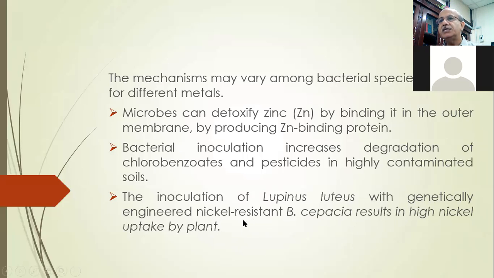When those bacteria are inoculated to the Lupinus, this Lupinus luteus can take up more nickel from the soil. Then you cut that plant and the nickel is removed from the soil.